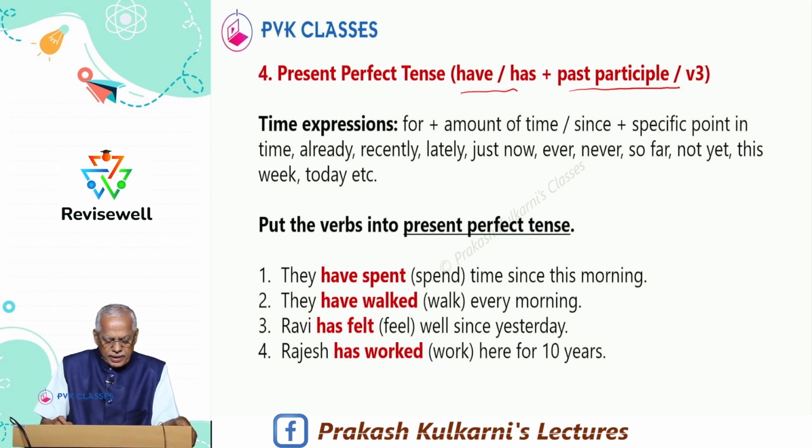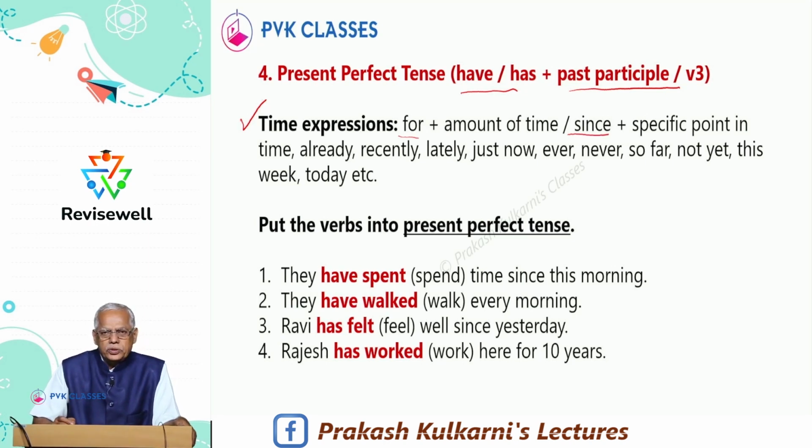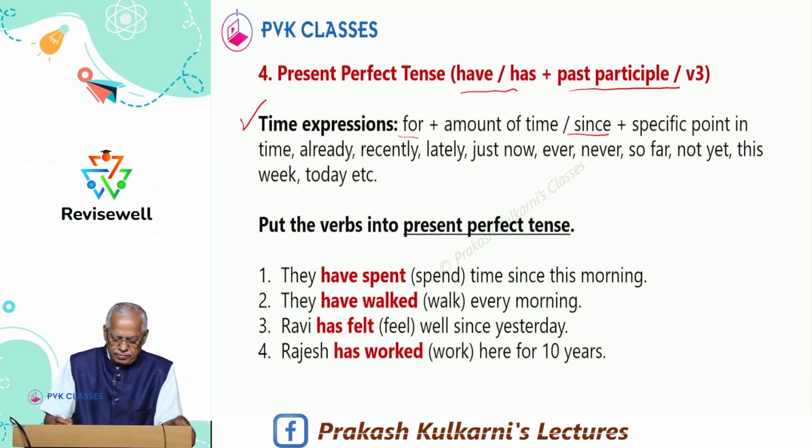Now, time expressions are very, very important to write the correct tense form of the verb. Either for will be used or since will be used. For is used for amount of time and since is used for point of time.